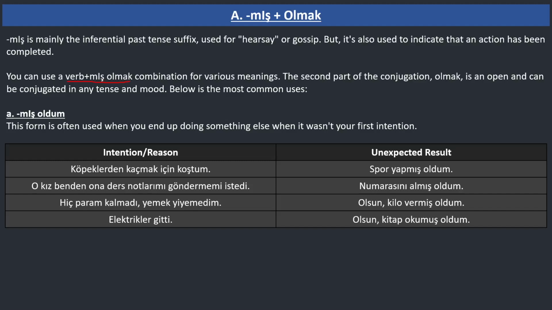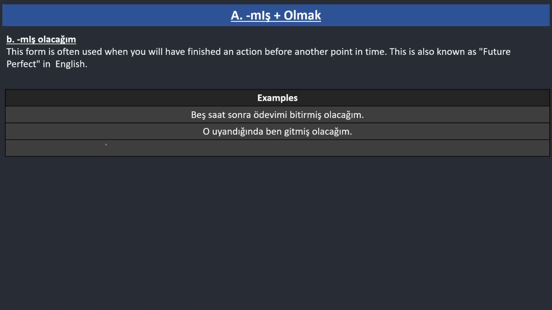Next, we will have the opposite of the tense here. Not the past tense, but we have future tense. I think this will be very straightforward because in English you also have the future perfect tense, when you will have finished an action before another point in time in the future.